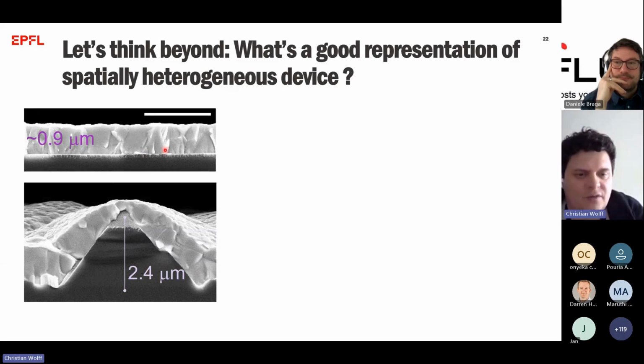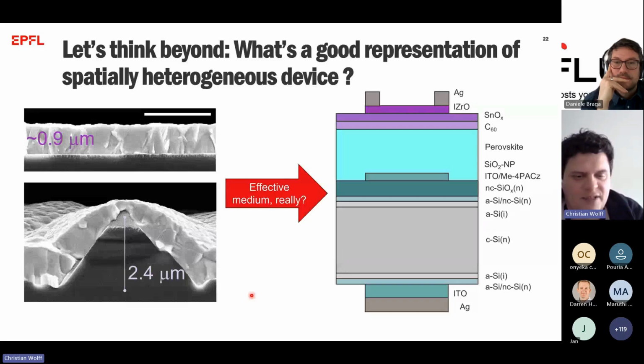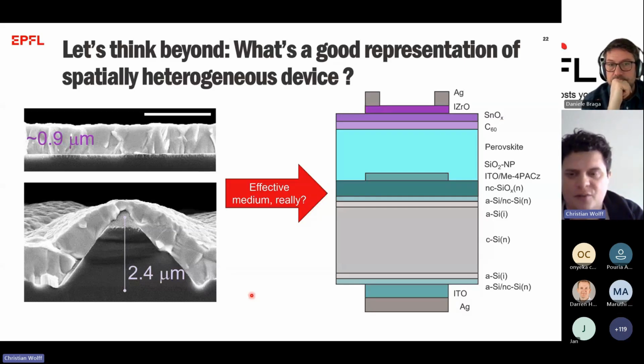So we can start with the flat one. Here it's somewhat maybe still justified. So you see here the perovskite on top of a silicon wafer. But especially in the case of the bottom part, you really need to ask yourself, is an effective medium representation of such a structure really going to give you meaningful insights into a device that you then simulate as such?